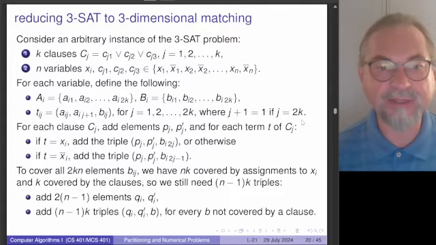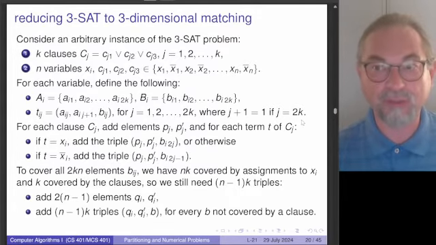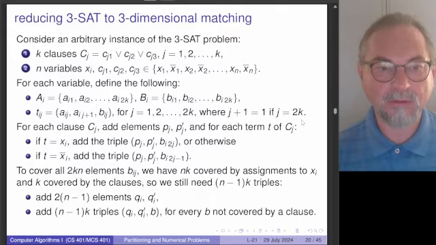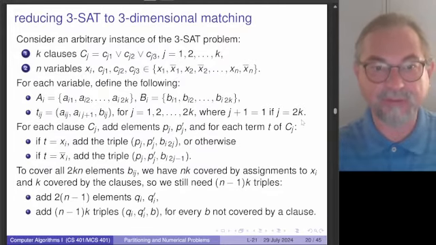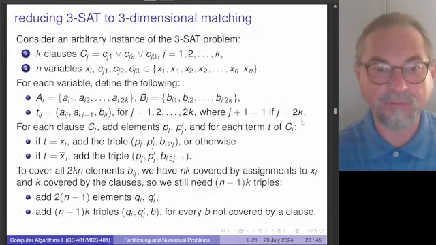And then we have the extra triplets that we need to add to ensure that the covering, the matching will be perfect. Okay, so this gives then the total number of triplets that you need. So you could say it depends on the number of variables and it depends on the number of clauses.